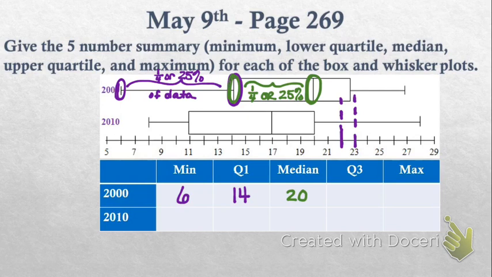This would be a whole lot easier if you had it in front of you and you could draw pencil lines with it yourself. It looks like it's in between 22 and 23, so I would call that 22.5. And once again, how much of the data goes from the median to that upper quartile? 1/4 or 25% of the data.